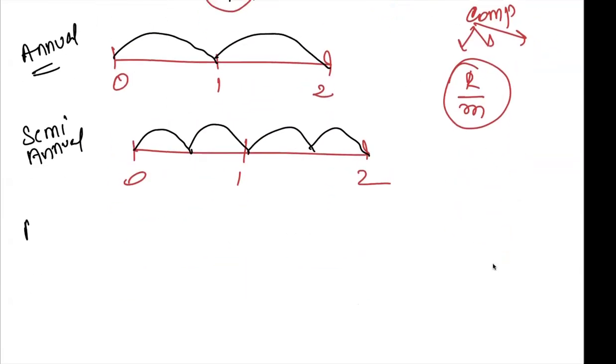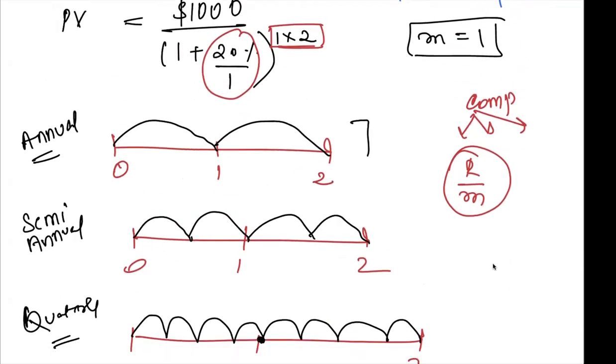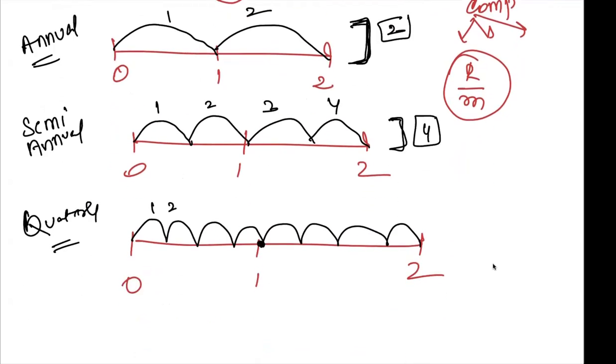Then let's say quarterly, so 4 times in a year: 1, 2, 3, 4. Can you tell me how many times compounding has happened in this case? 2 times, right? 1, 2. How many times in this case? 4 times.